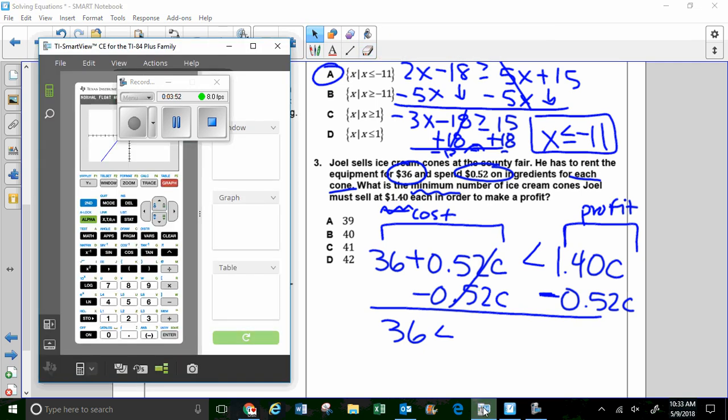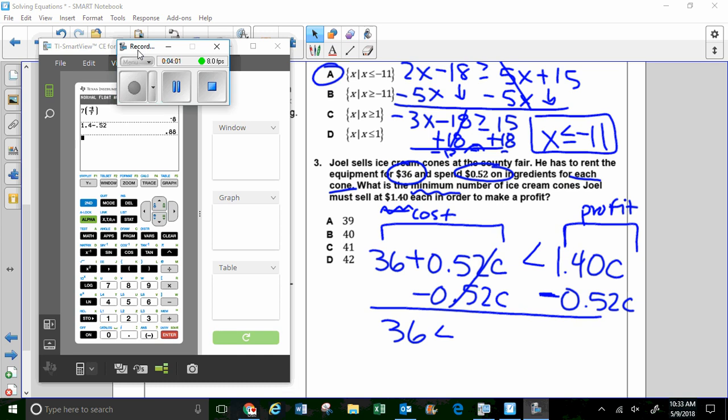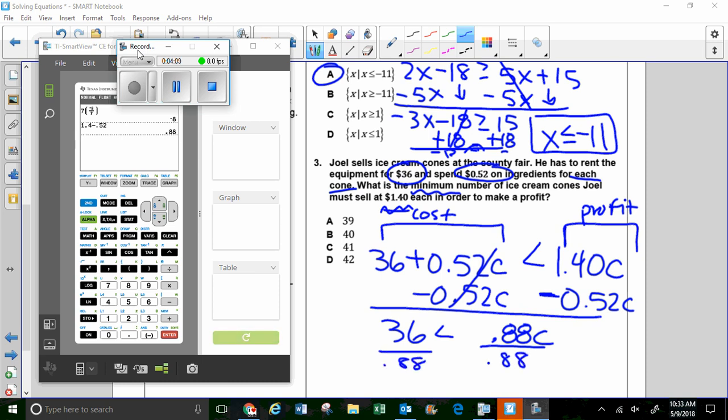So 1.4 minus 0.52 is going to give me 0.88. So 88 cents, and then divide both sides by that. And that's going to give me 36 divided by 0.88 will give me about 41 cones, we'll say. So he needs to sell at least 41 cones in order to make a profit.